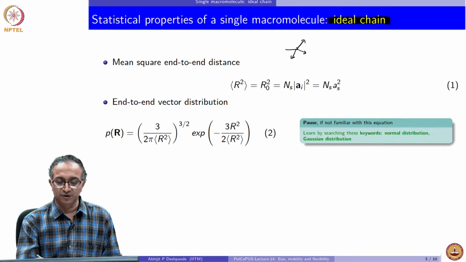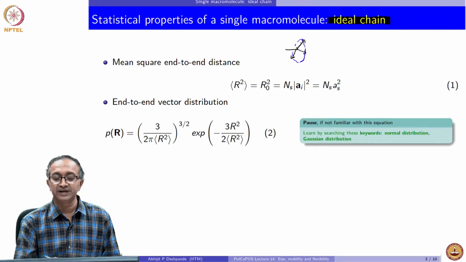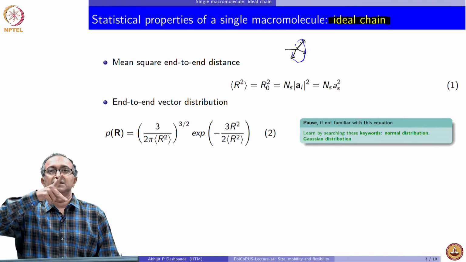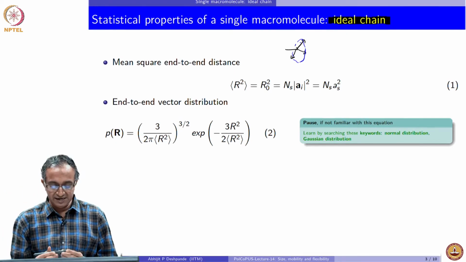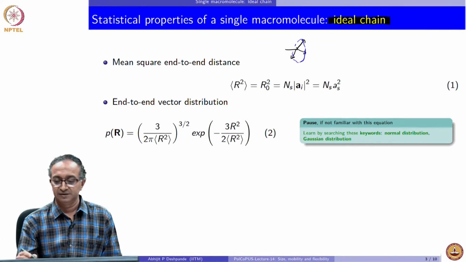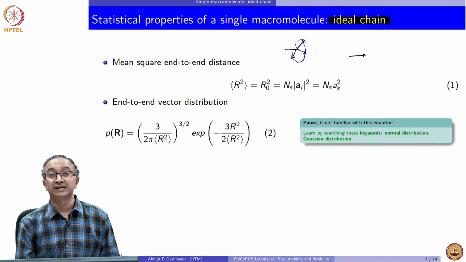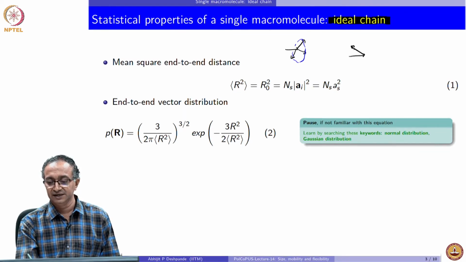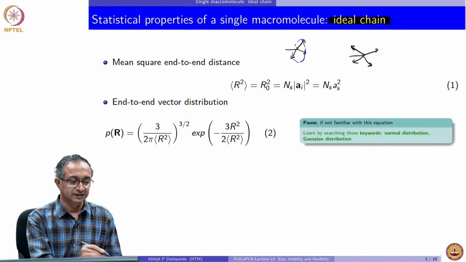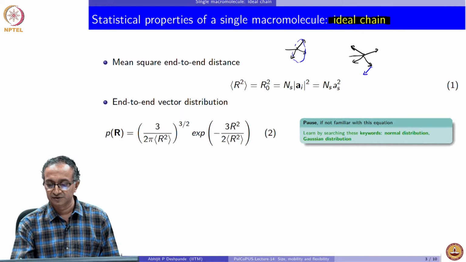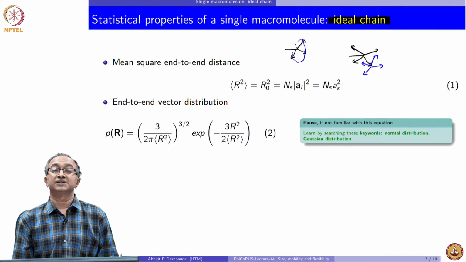So basically what we have is there is a conical section in which the conformation is possible. But an ideal chain, the way we think of, is the one link is like this, the second link can be any which way. And so therefore the third link, and now I'll use a slightly different color to draw it, so these can also be anything. So therefore this is completely freely jointed chain.